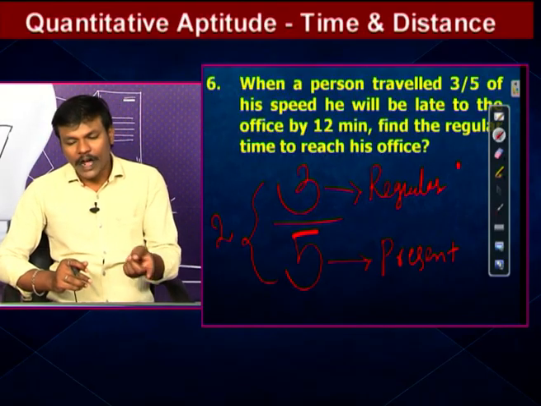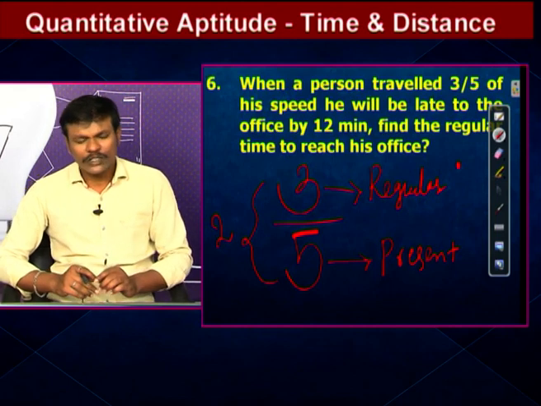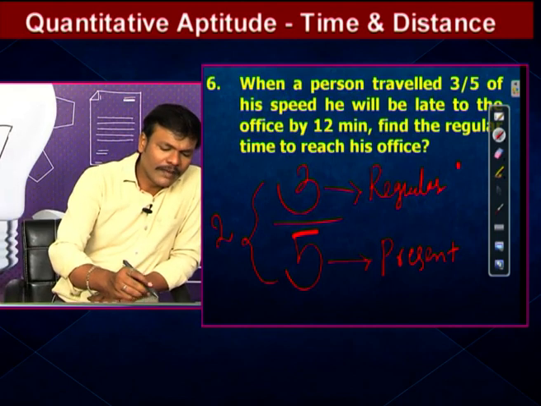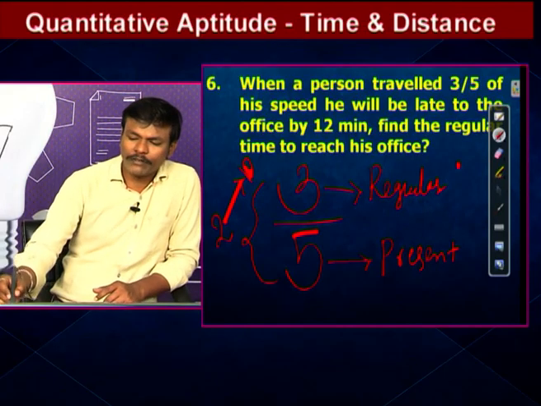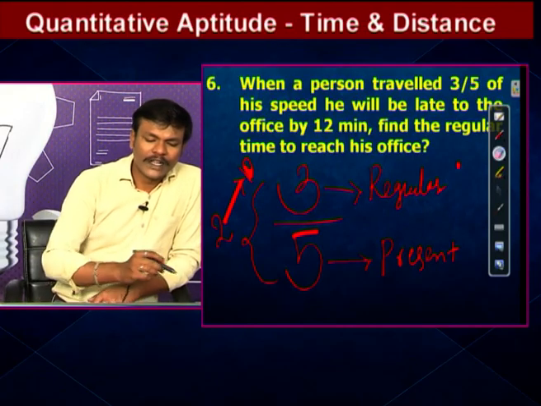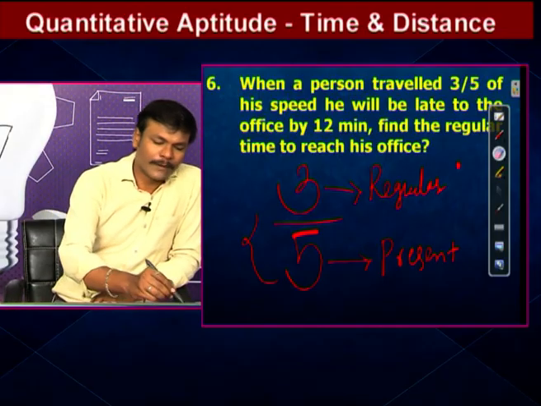So the regular or usual time is 3 parts. 2 parts of time is 12 minutes. 3 parts of time is how much?